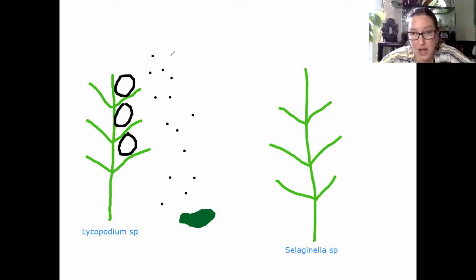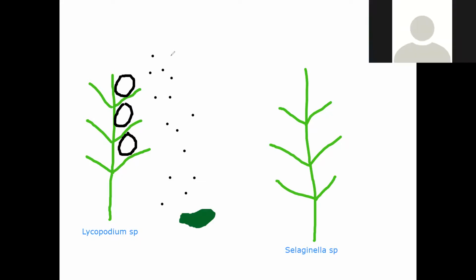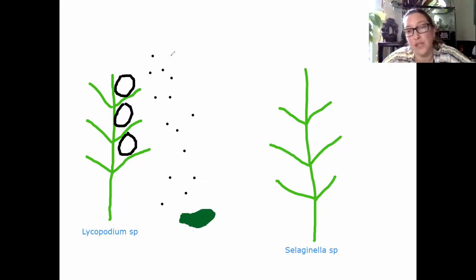Now let's do Selaginella. So Selaginella is heterosporous, right? Not homosporous. It's the only plant we've looked at so far in this course that is heterosporous. Because of that, we know it's going to make 2 different types of spores, and because of that, it must have 2 different types of sporangia. So I'm going to use different colors to show those.